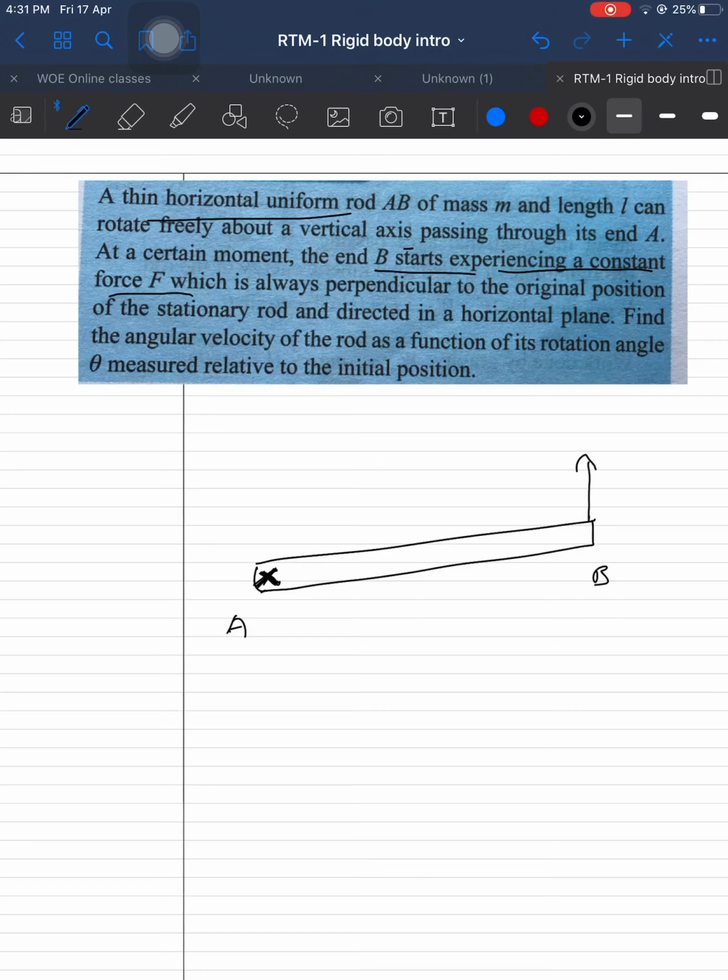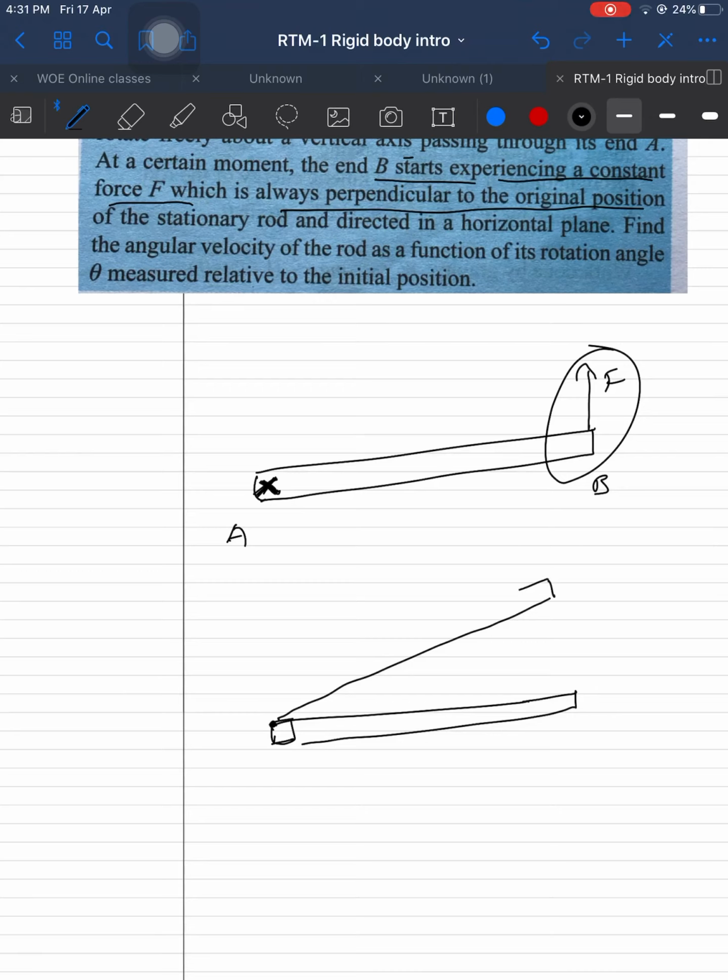When a body is experiencing a force like this, immediately you should draw the free body diagram after an angle theta from its initial position.